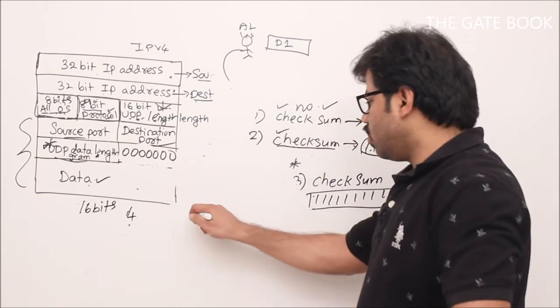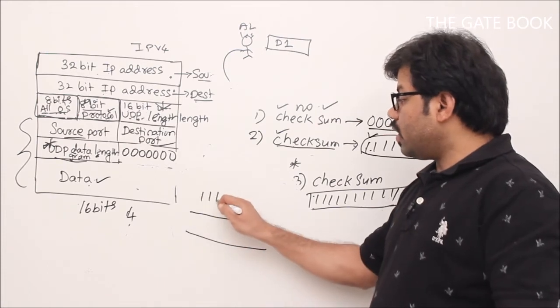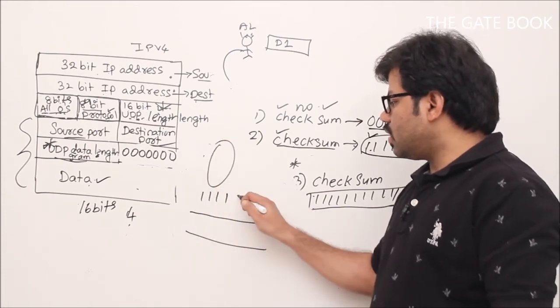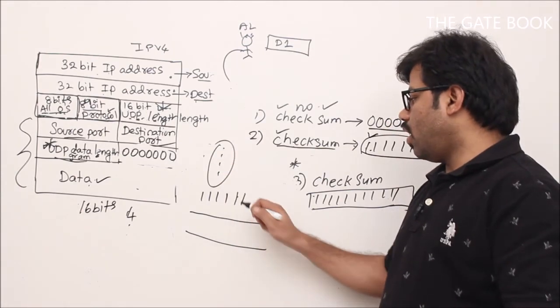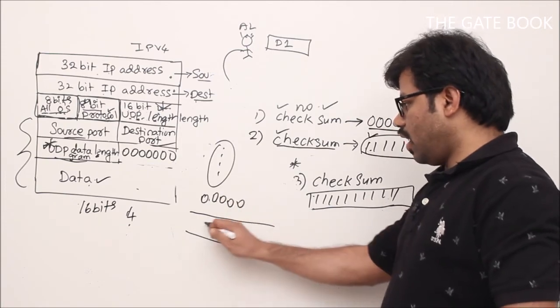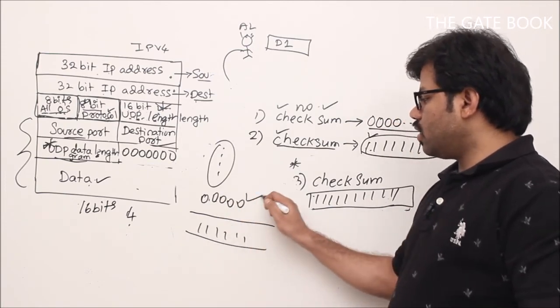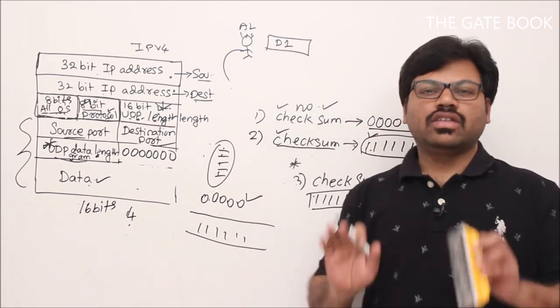To get all ones, I'll give a rough idea. There are two parts, summation followed by complementation. The summation part should give all zeros, then only the complementation part makes all ones. But to get all zeros, everything should be 0, meaning all those 16-bit patterns are zeros.